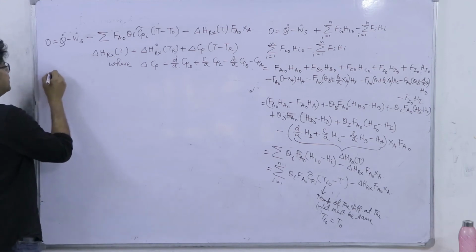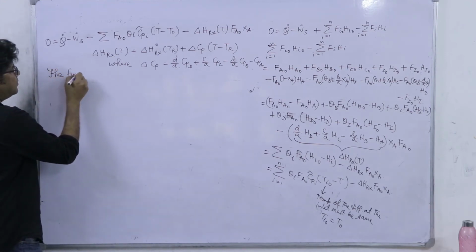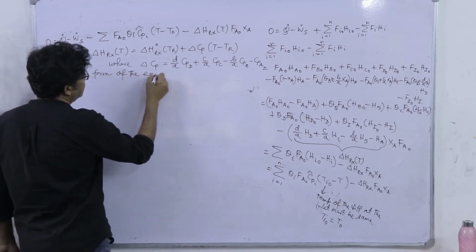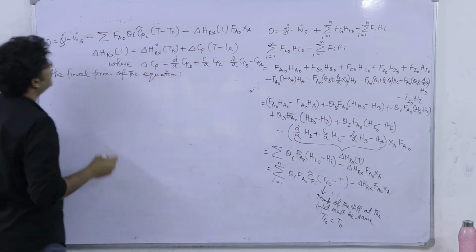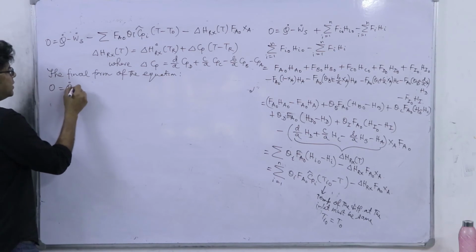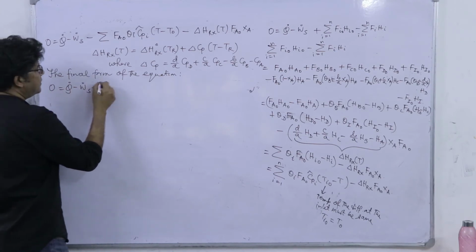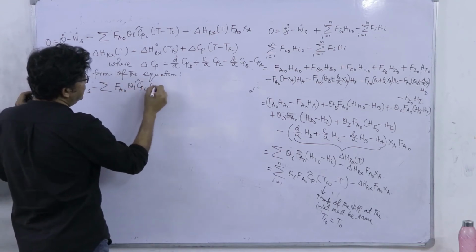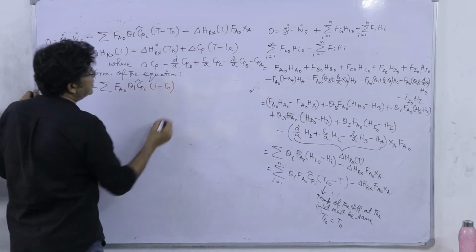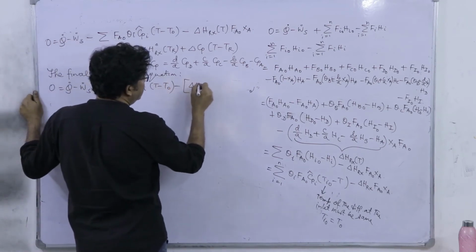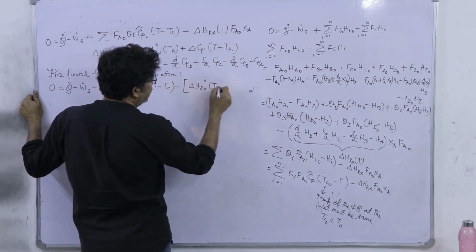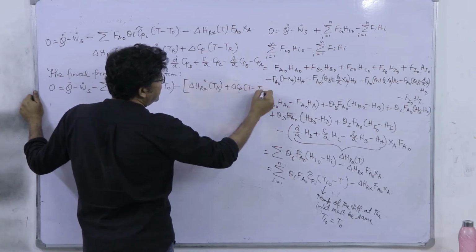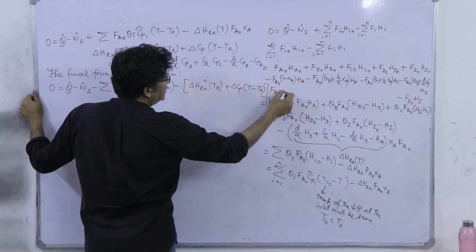So finally our equation, the final form, would become 0 equal to Q dot minus W dot S minus Fa naught summation theta I Cpi (T minus T naught) minus [delta H Rx naught at Tr plus del Cp (T minus Tr)] into Fa naught into Xa.